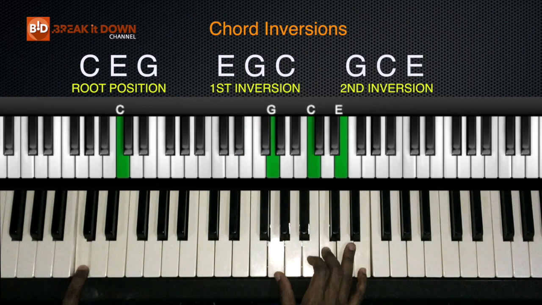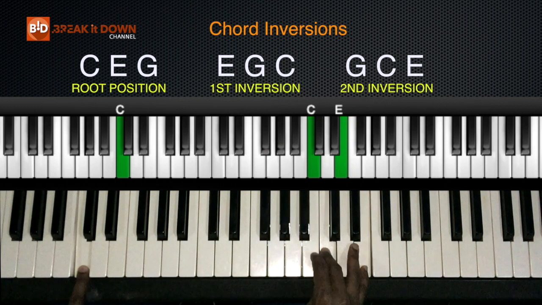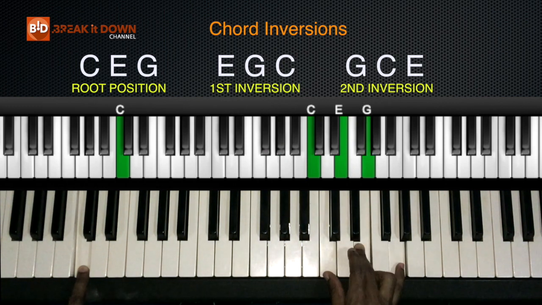Now let's see what happens if we try to invert the chord one more time. What do we do to invert the chord? We drop the lowest note, this time the G, and we pick it up a higher octave. Now that's G up here. Now this chord looks very familiar. What do you think is happening? It looks like we are back to the root chord.